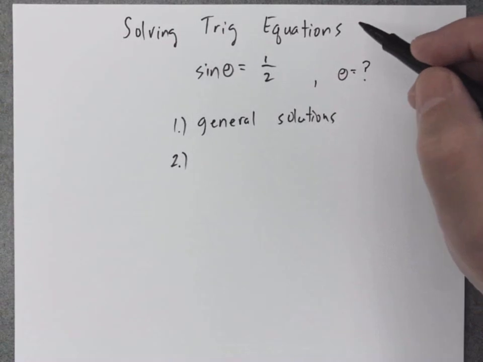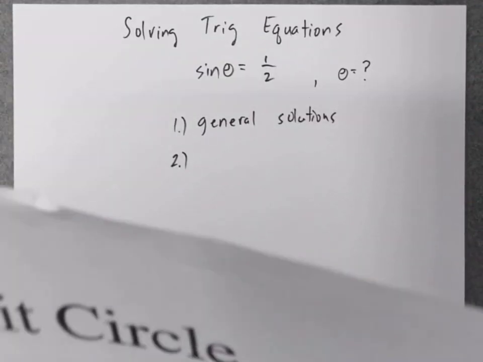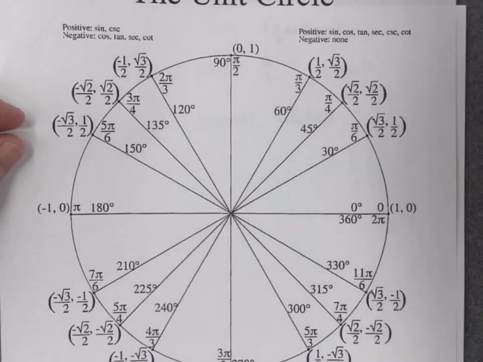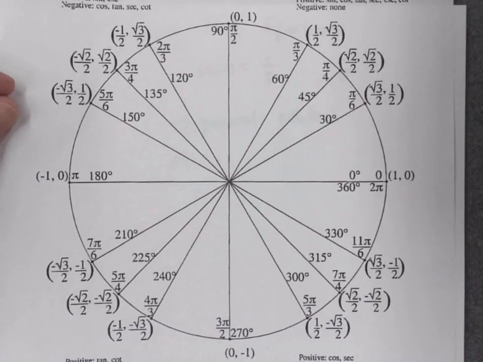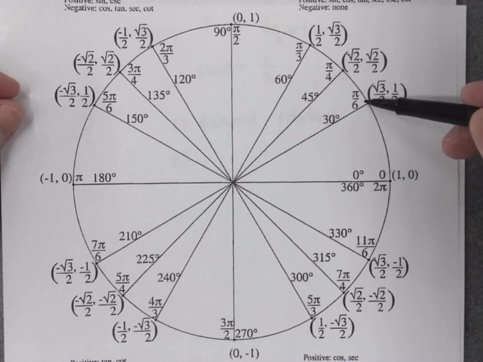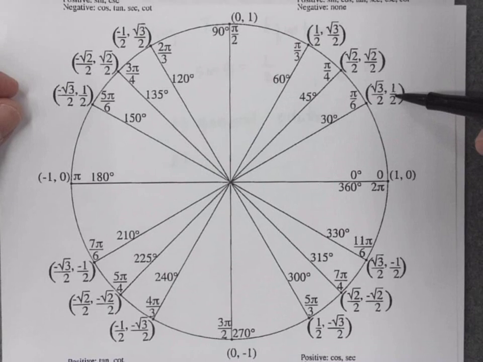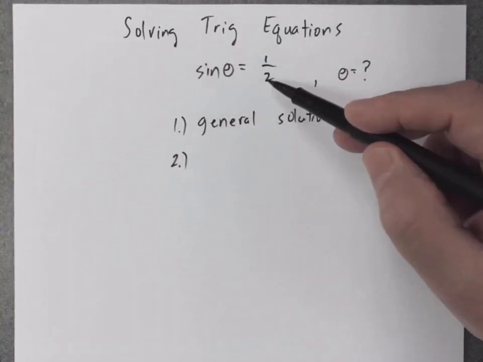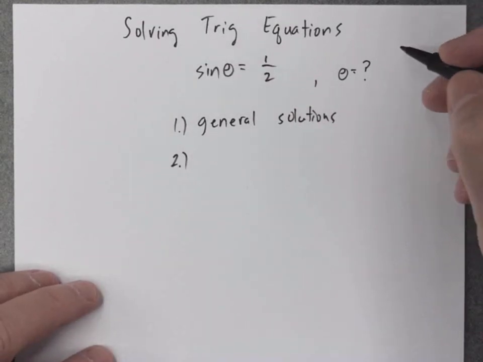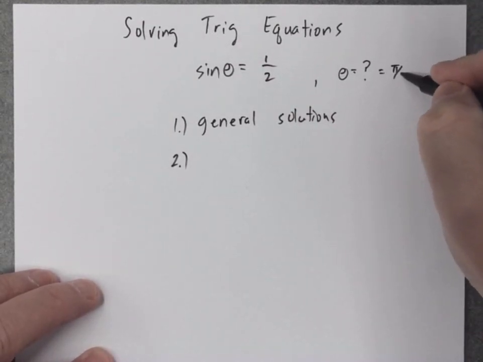As a matter of fact, if I were to just grab the unit circle and begin to look for which angles the sine is 1/2, hopefully by now you're pretty good at this. If I look here at pi over 6, the sine of pi over 6 is 1/2. So pi over 6 would be a solution to this equation. I'll even write it here.